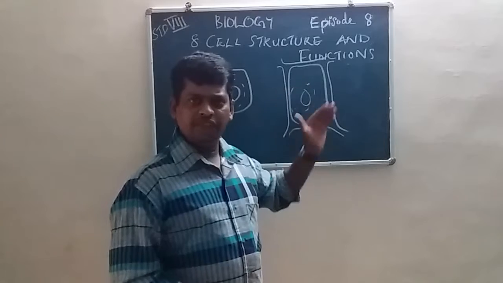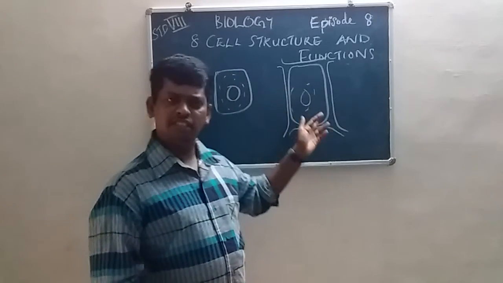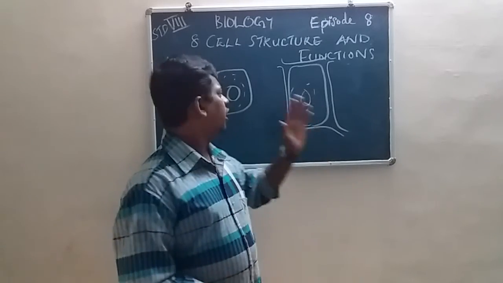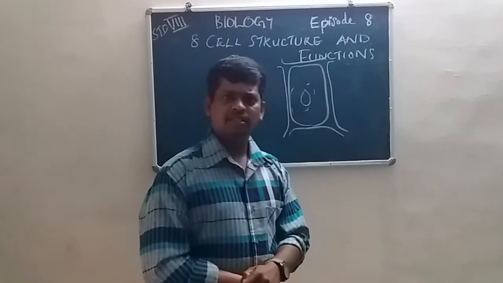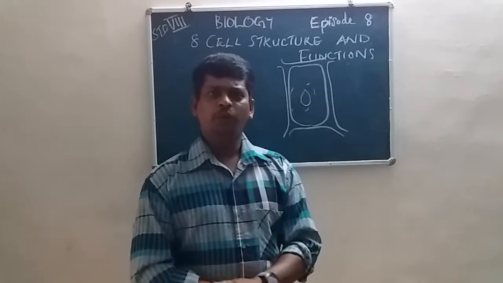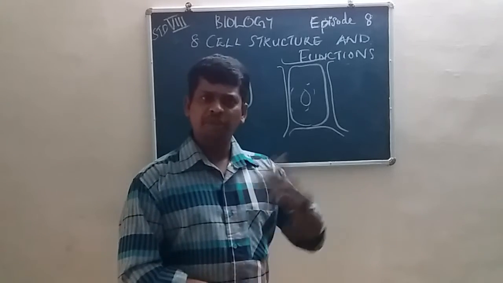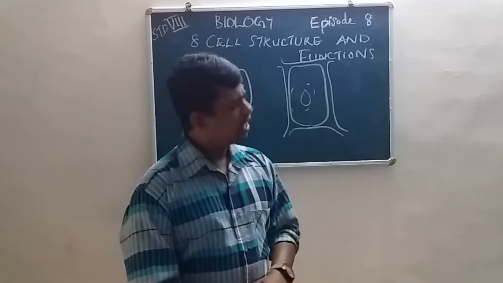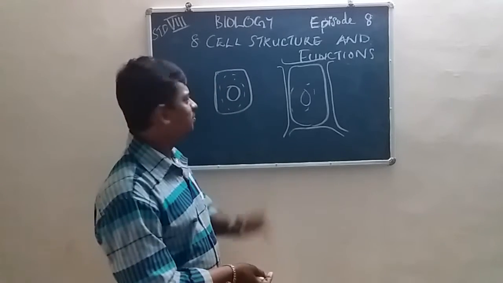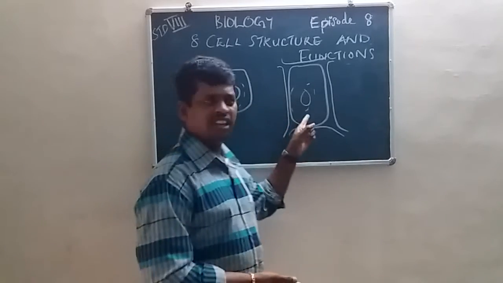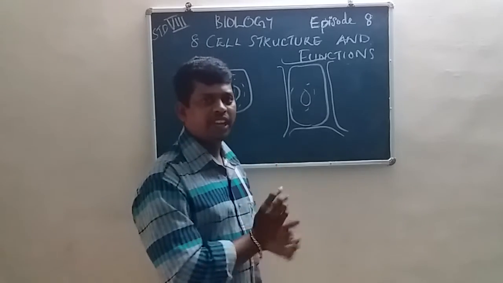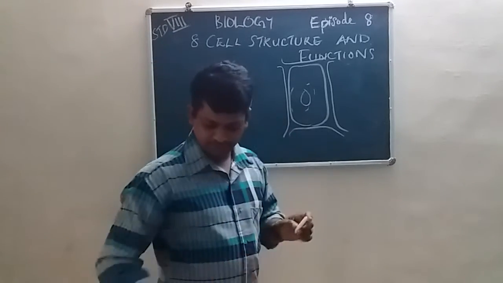This is an animal cell and this is a plant cell. The major difference between animal cell and plant cell is the presence of a cell wall. We have already learned this in previous classes also. Then we can see a particular shape in each.